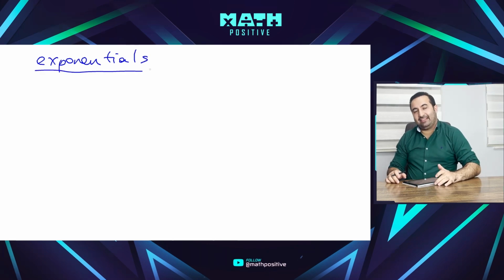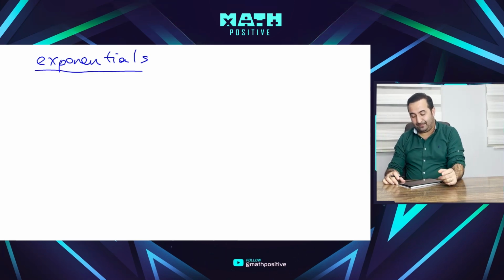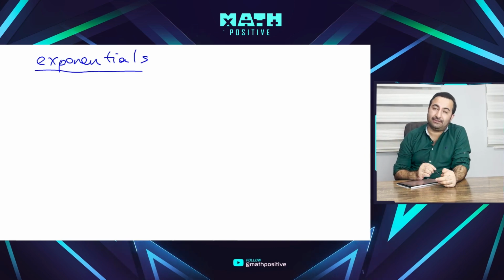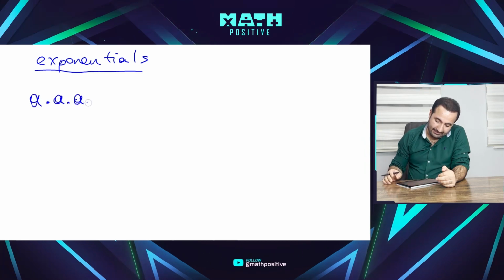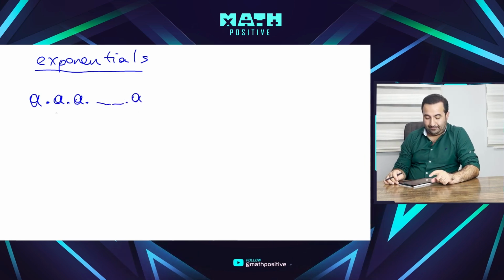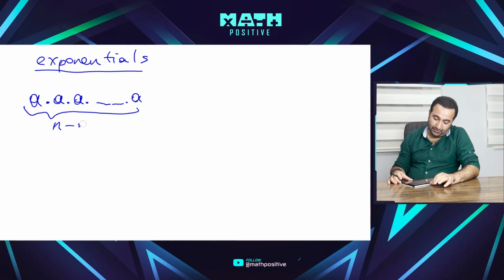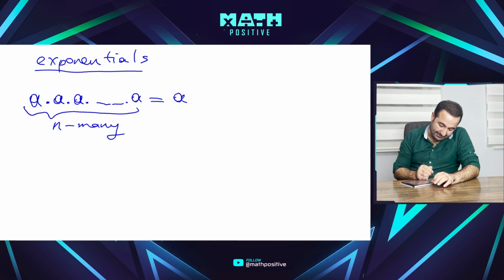Okay, friends, let's have some rules about exponentials. As the second part of our video, exponentials, as you know, is a times a, n many times, equals a to the power n.